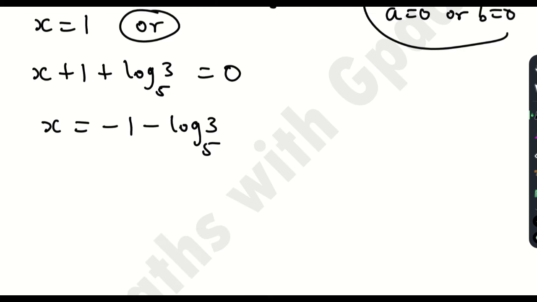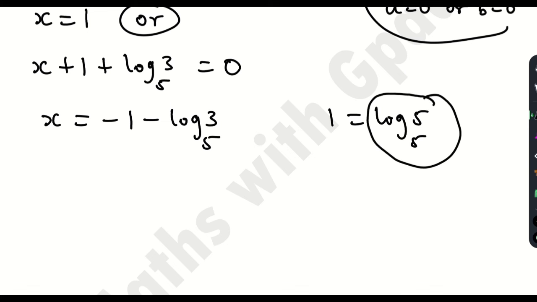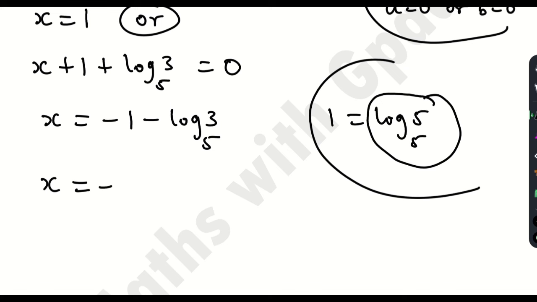But let's just quickly rewrite this as, remember, you know that 1 can be rewritten as log 5 base 5, because if the argument and the base are the same in a log, then the logarithm of that number is 1. So the reason why I'm choosing to use log 5 base 5 is because of this base here of 5. I want them to match. So what it is now, I'm going to rewrite this as what? x is equal to minus log 5 base 5, and then minus what?